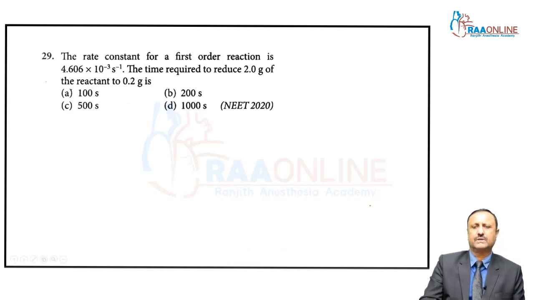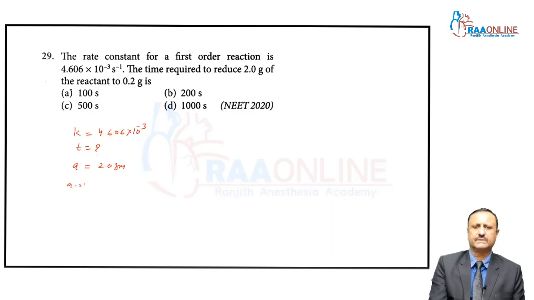Here the rate constant of a first order reaction is 4.606 into 10 to the power minus 3. This is the rate constant K. Here we want the time t required to reduce 2 gram of the reactant to 0.2 gram.